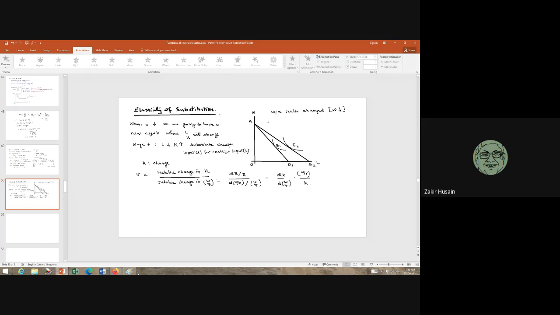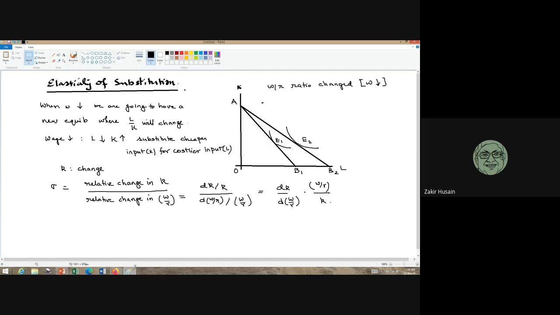You are right. I made a small mistake here. Labor will go up, capital will come down. So labor use will go up, capital will come down, labor is the costlier input. Yes, you are perfectly right.